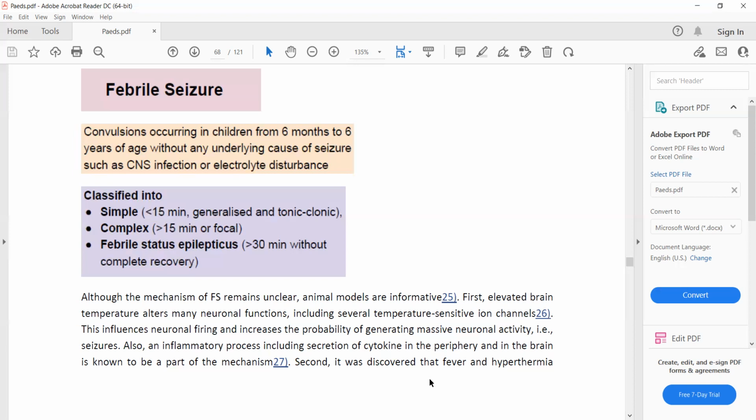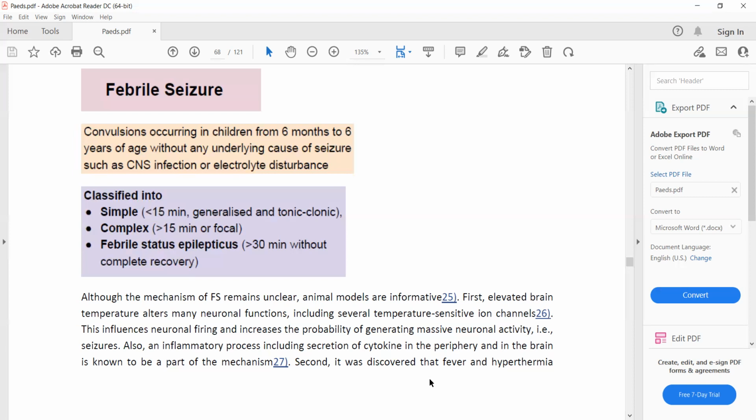So before labeling a child as a case of febrile seizure, you need to rule out CNS infection and electrolyte disturbances. If these two tests are normal, then you will label the patient as febrile seizure patient.